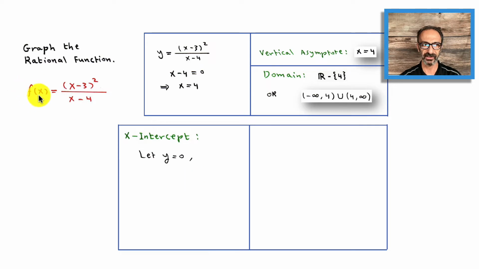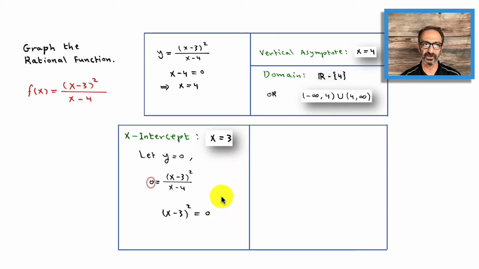To get 0 from a fraction, that comes from the numerator, which means this (x minus 3) to the second should be 0. Solving for x, that should be 3. So we have an x-intercept at x equals 3, which is the zero of the numerator.